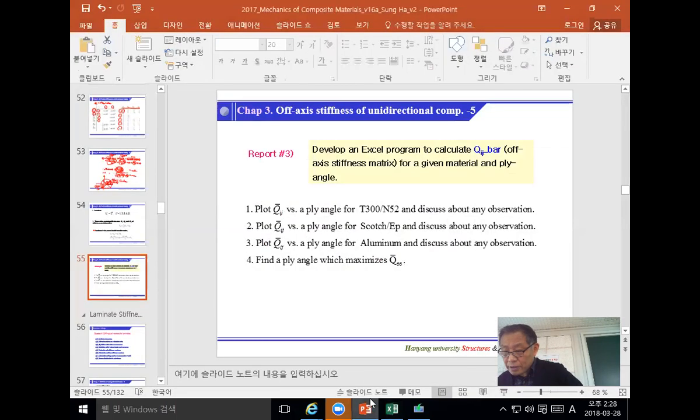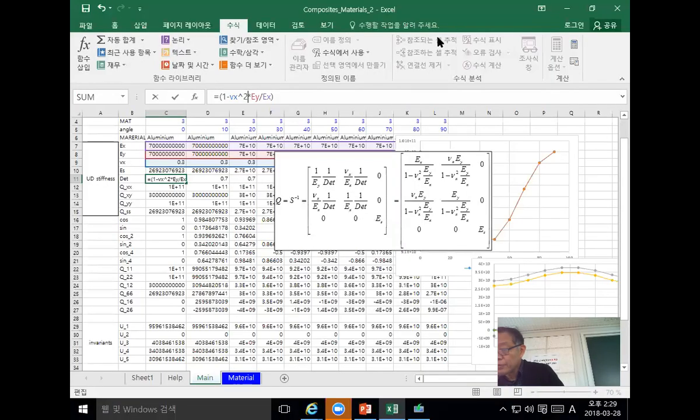My determinant. Okay, I need to scale, we need to have a scale here.